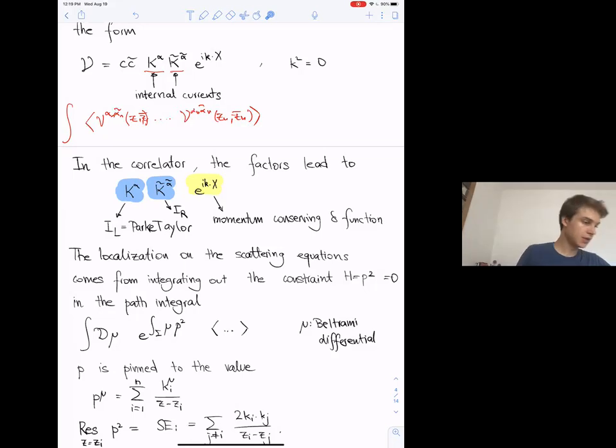Okay, and finally, you might wonder where the localization on the scattering equations comes from. That's basically the only missing part in this calculation. It comes from integrating out this constraint H equal to 0. So here we gauge two spin 2 currents, and they both generate gauge invariance.